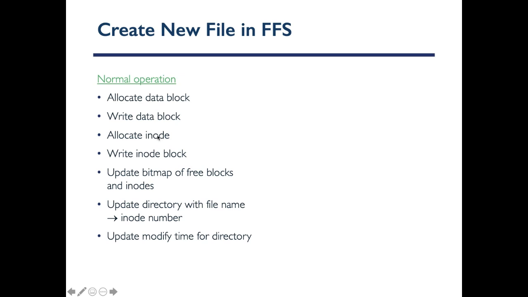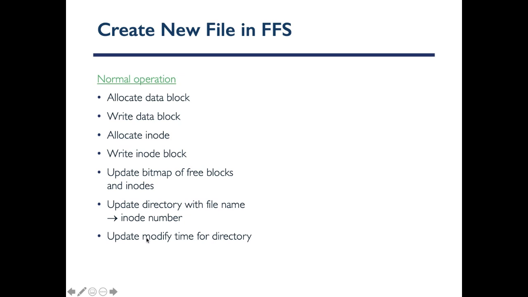After you allocate the inode, you would write your inode block. And once you write your inode block, you would change the bitmap for inodes. And once you're done with that, then you would add that file to your directory.